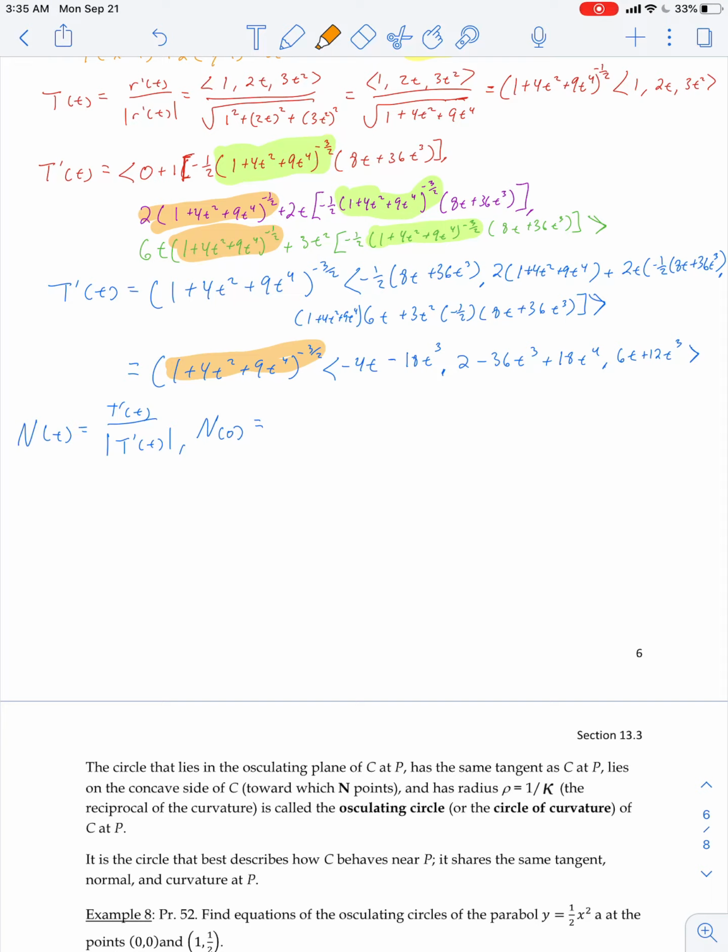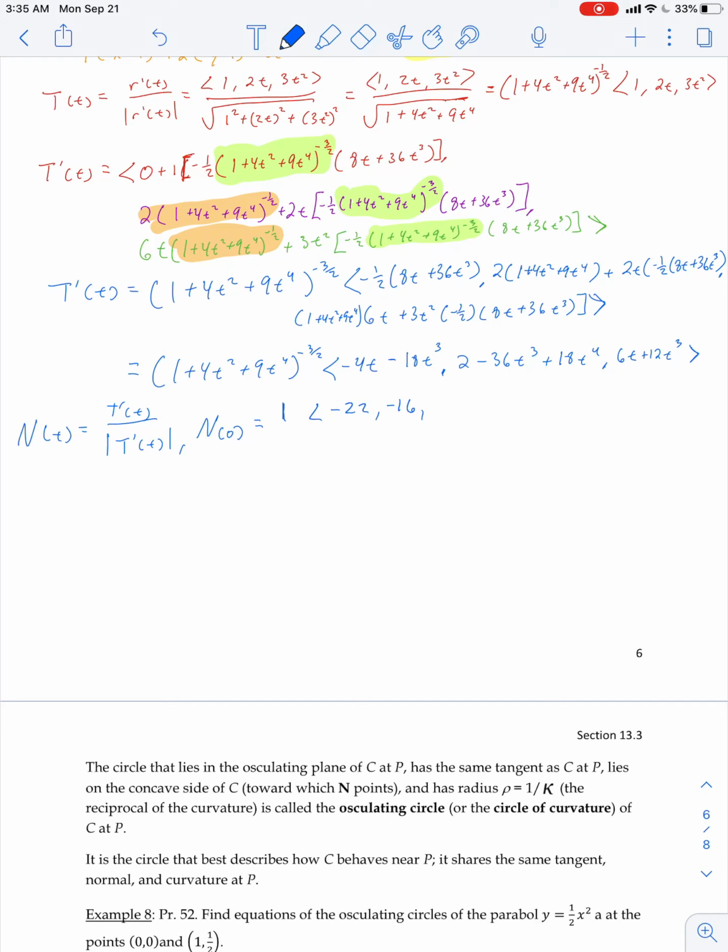when I plug in 0 for these values right here, I'm just going to get 1. So therefore, I have 1 times -4 minus 18, so that's going to be -22. 2 minus 36 plus 18, so that's going to give me -16.